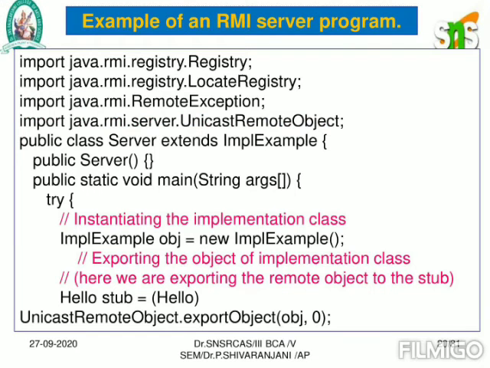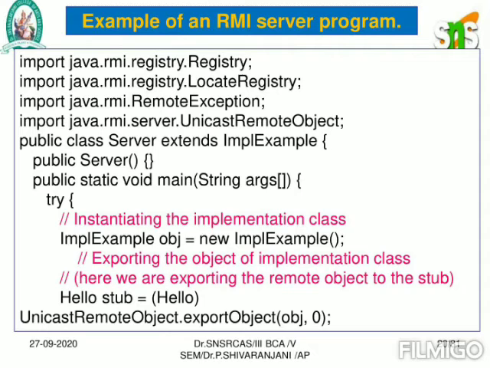So this example will explain how this RMI server program works. I'm importing certain class packages inside my Java program. The first thing is the RMI registry, with which you locate the particular registry you have made between your client and the server. In case any problem is encountered in the connection establishment between the client and the server, the RemoteException package will help you to throw the exceptions.